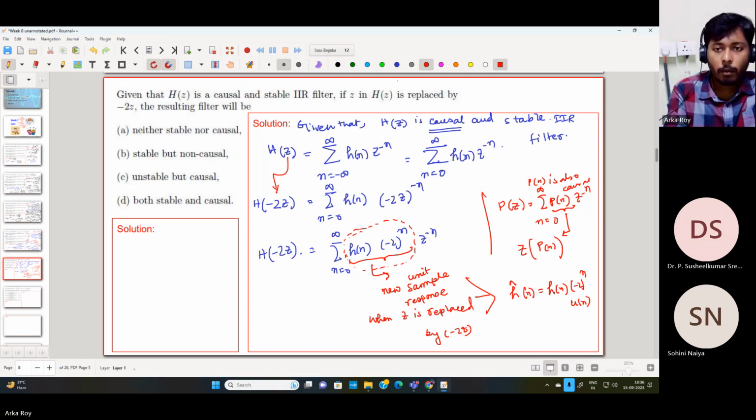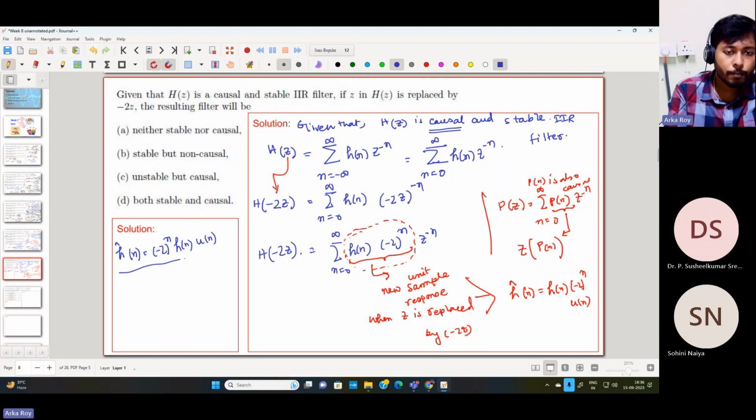So we have found that h cap of n is minus 2 to the power n h of n multiplied with u of n. So when we change the argument from z to minus 2z, now the unit sample response is this one.